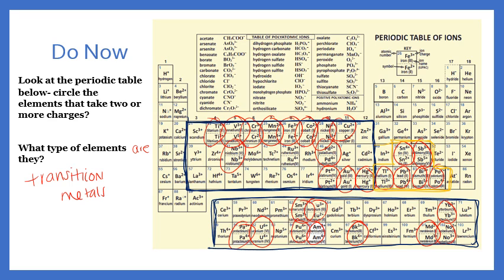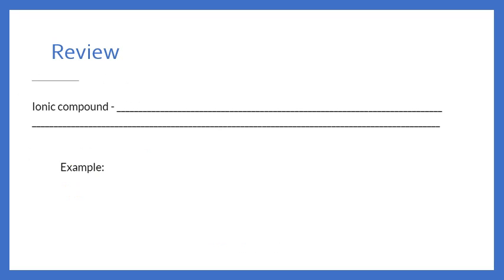Let's move on. So quickly, I wanted to review a few things with you. Since we are naming ionic compounds, I wanted to review what ionic compounds are. You should know from your test that you had just a few days ago, but just in case our brains are feeling a little slow, I'll let you know that ionic compounds are metals bonded to nonmetals.